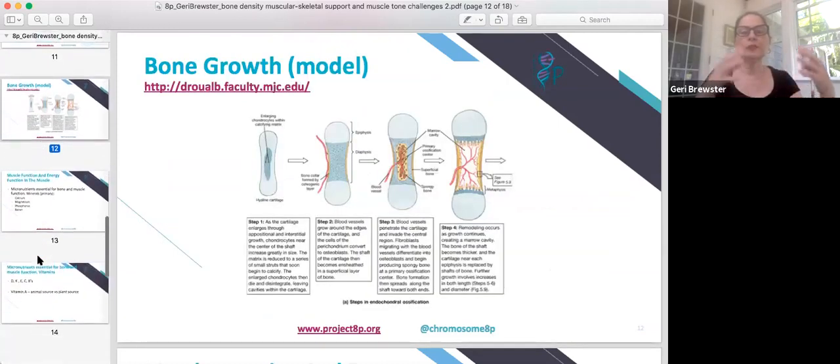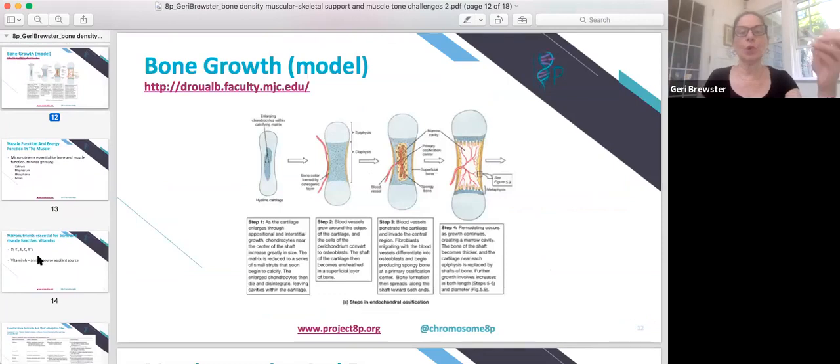In a growing child is all what fits this whole sequence of events of blood flow and blood vessels and protein and calcification and bone growth.